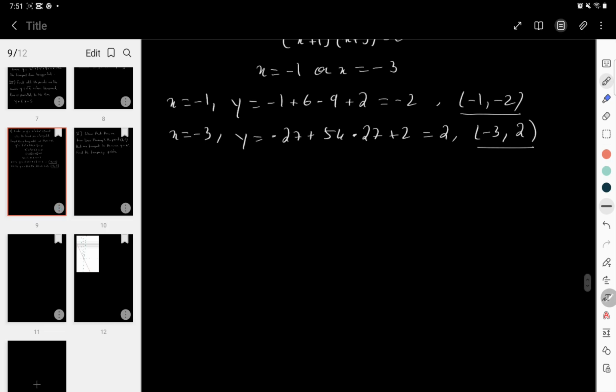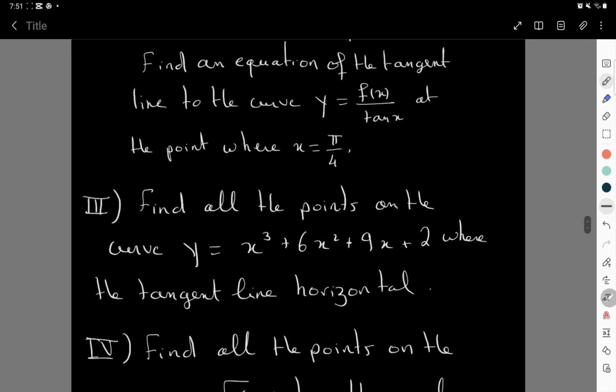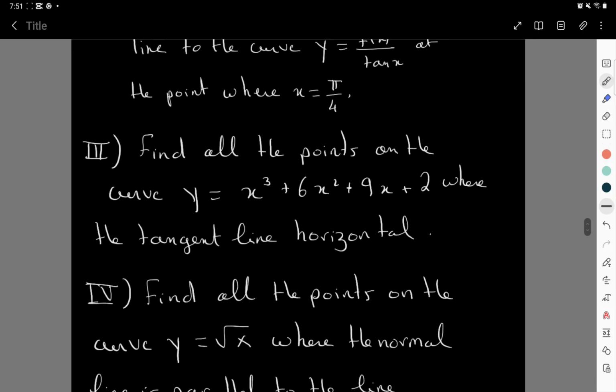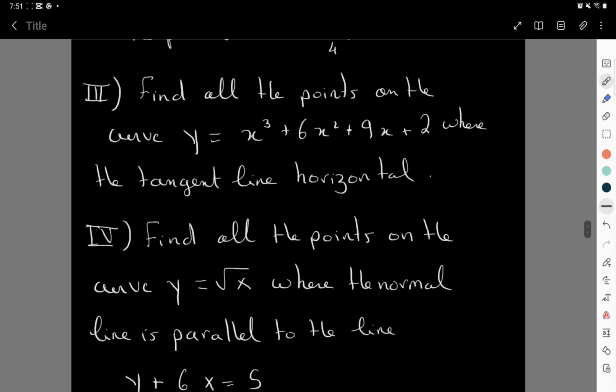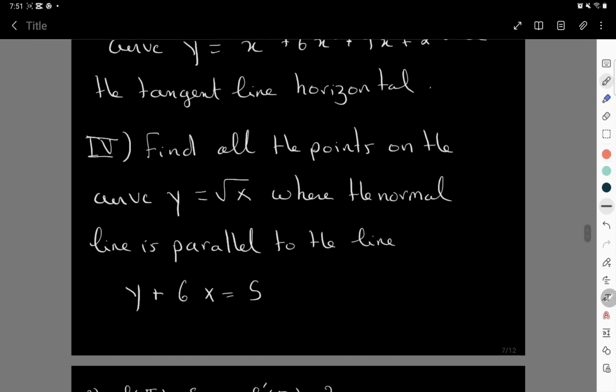Or we have some space, actually. Oh, that's good. So here we'll have to find all the points on the curve y is equal to root x, where the normal line is parallel to the line y plus 6x is equal to 5.